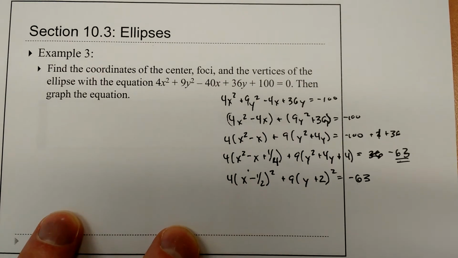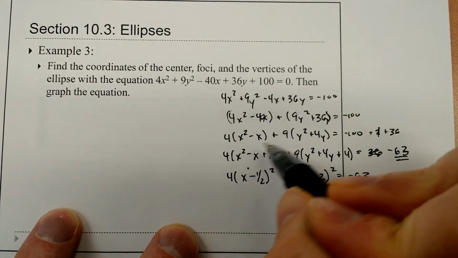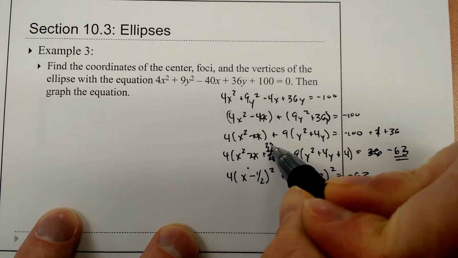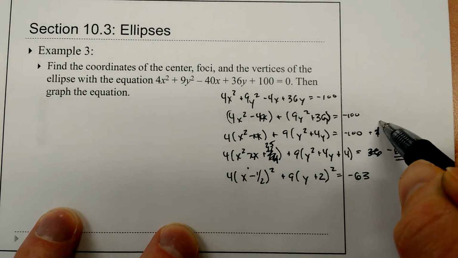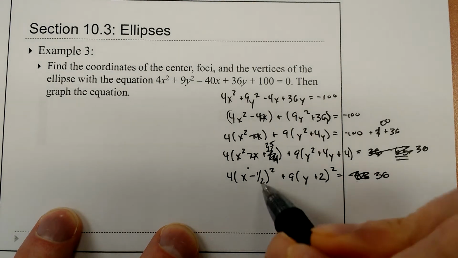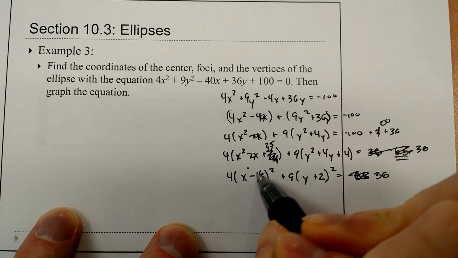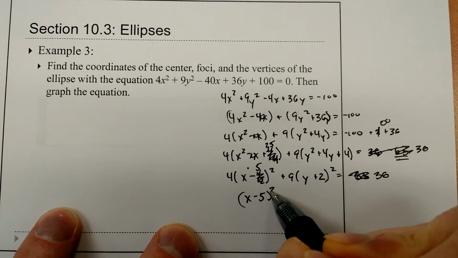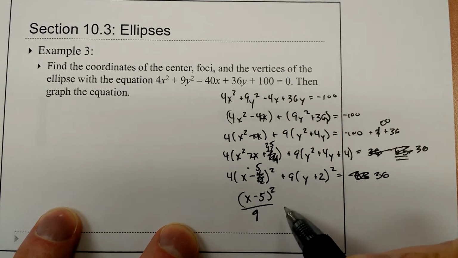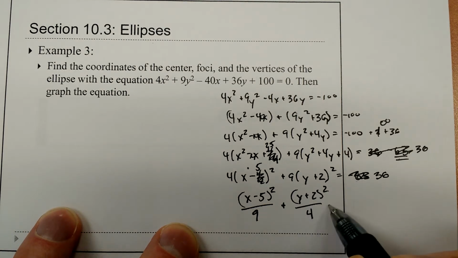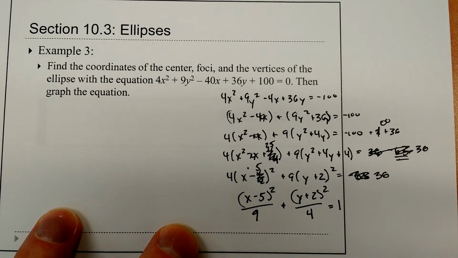Oh, there's the problem. It's because it's 40x, which makes this 10, makes that 10, makes that 25, which makes that plus 100, so this is 36. Now this should be a minus 5. Let's divide everything by 36. (x minus 5) squared over 9, since 36 over 4 is 9, plus (y plus 2) squared over 4 equals 1.